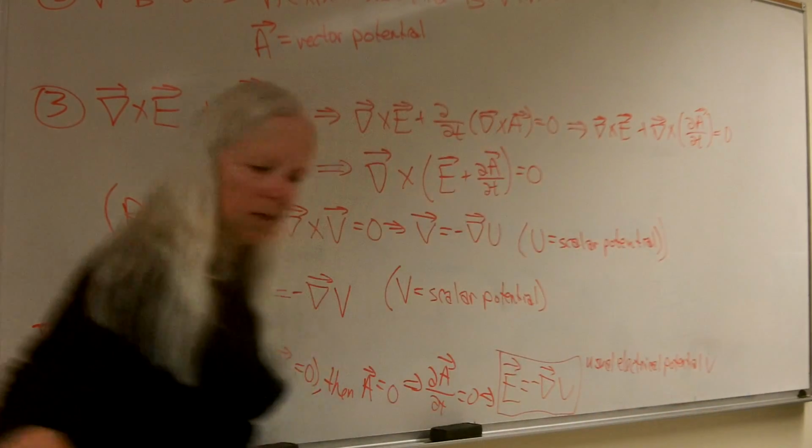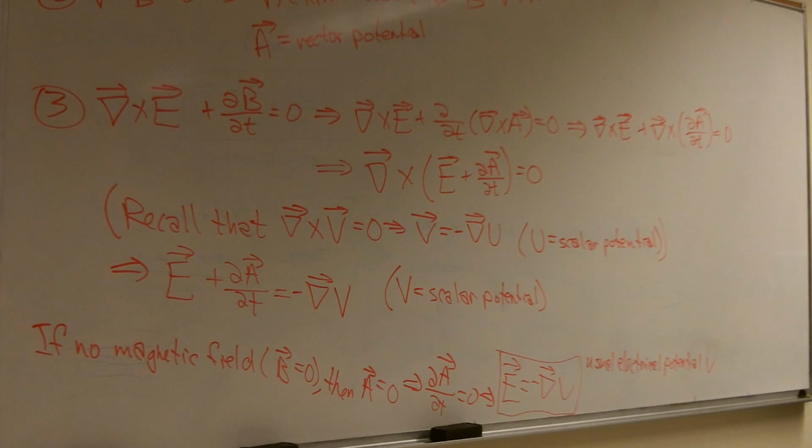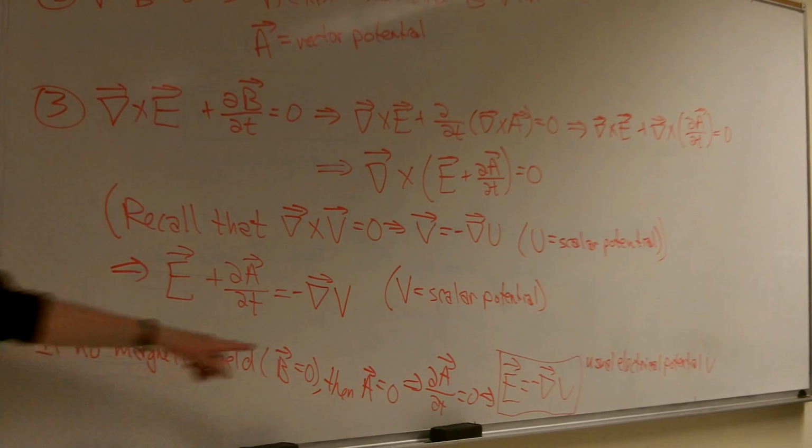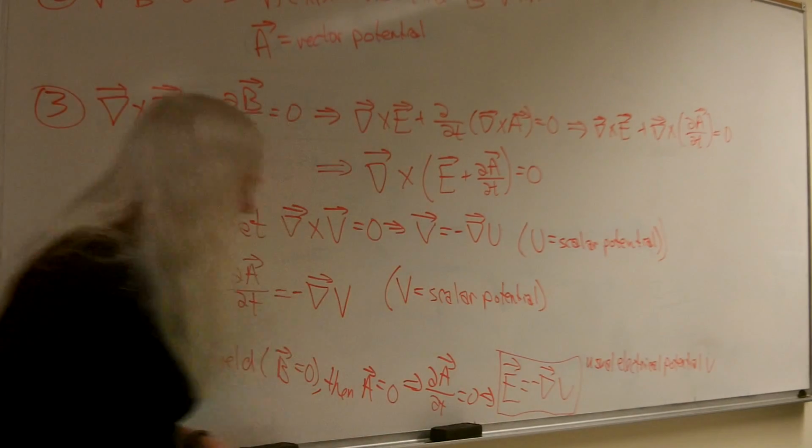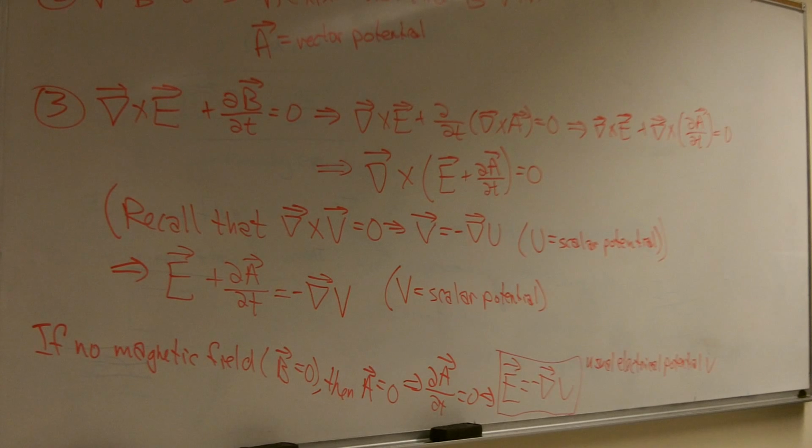When you were back in Physics 222, you learned that the electric field can be written as minus the gradient of the potential, right? And this is that same equation. And I guess perhaps we didn't say that in Physics 222, or maybe we should have and didn't. But that was under the assumption that we were not dealing with anything magnetic going on, right? Magnetism was something we talked about later.